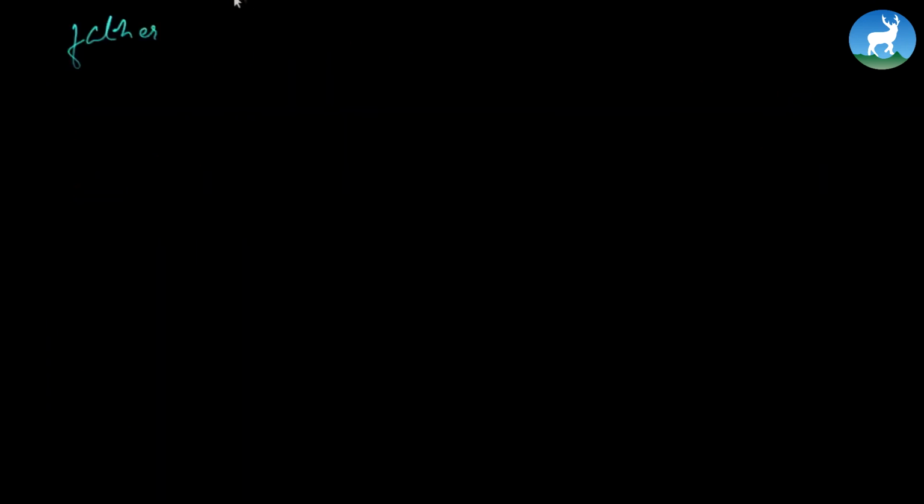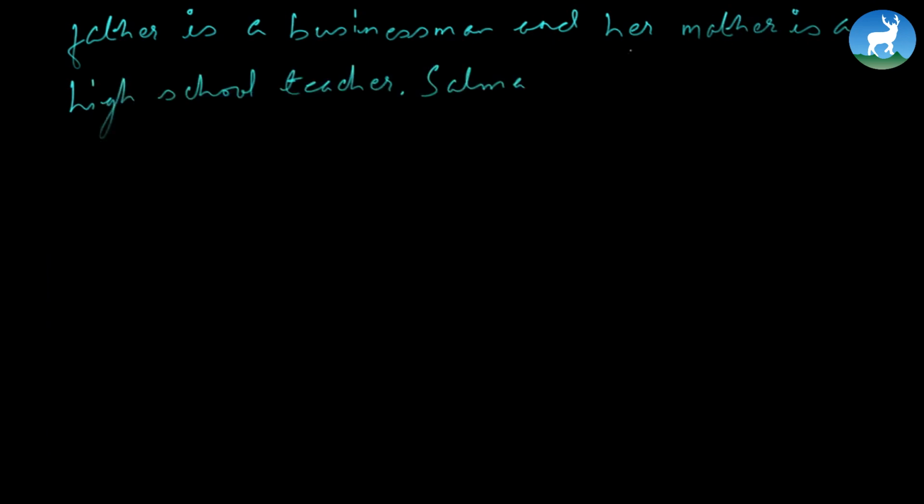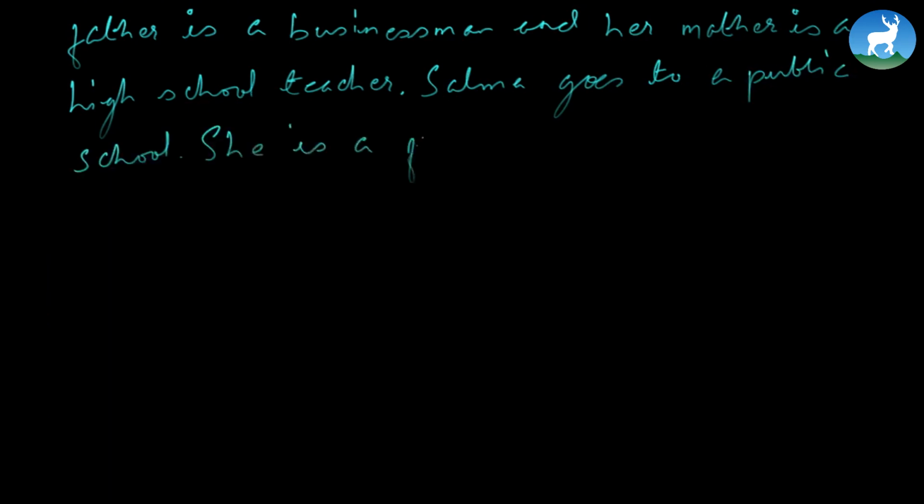Let's continue. Her father is a businessman and her mother is a high school teacher. Salma goes to a public school. She is a 5th grader, meaning she studies in grade 5.